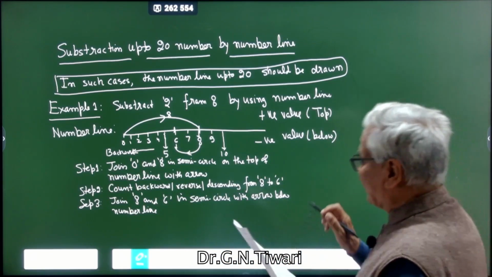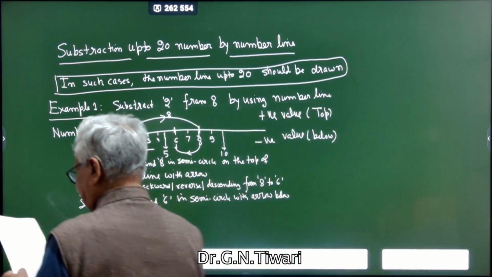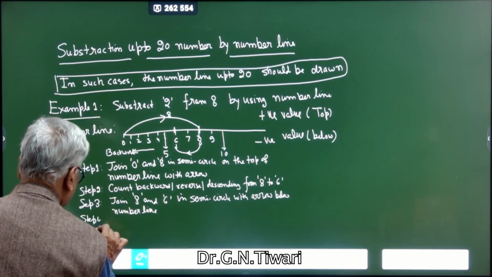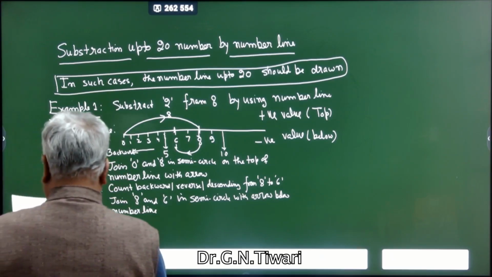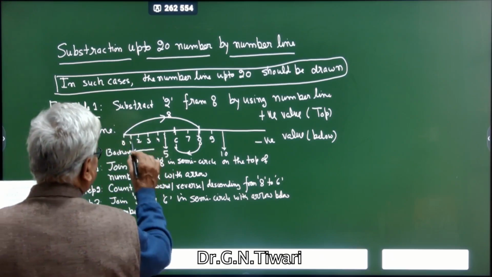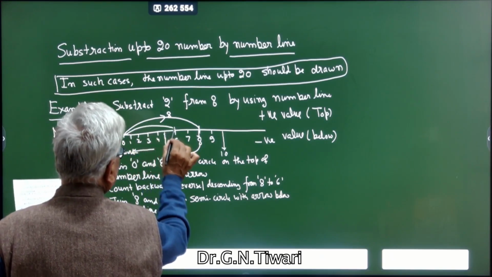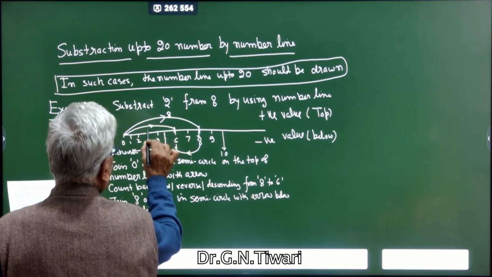Okay. Then step 4 is join 0 and 6 in this way.